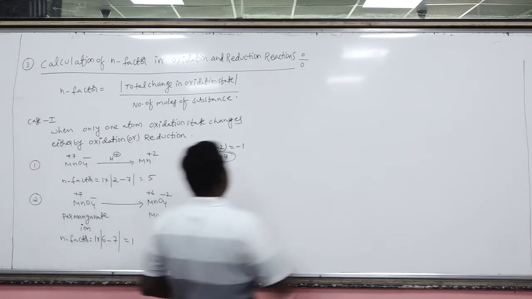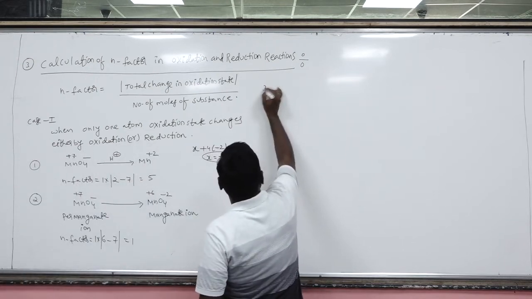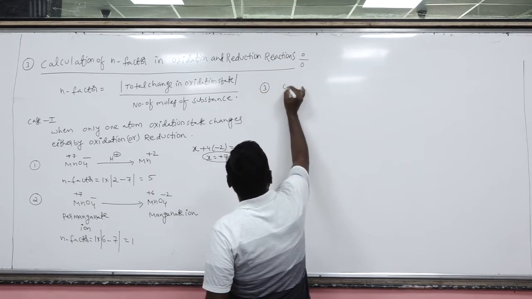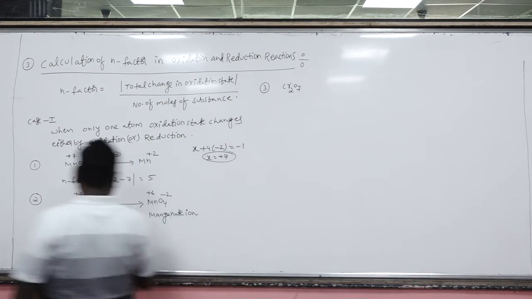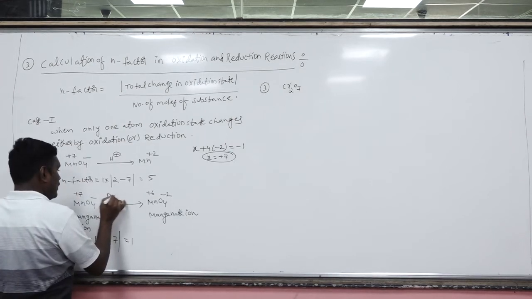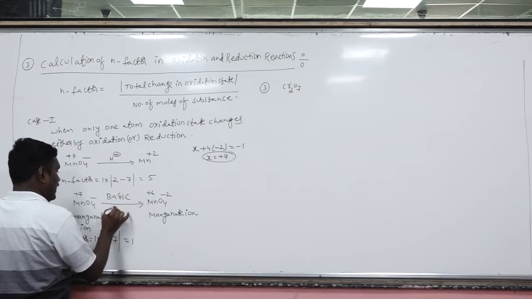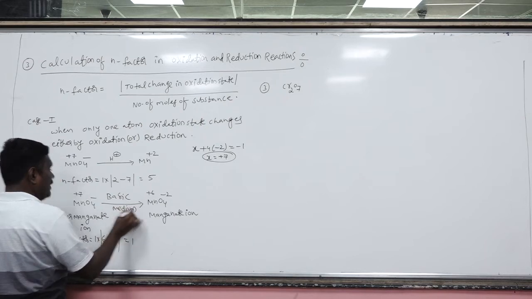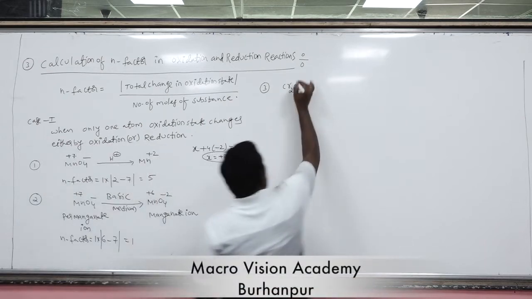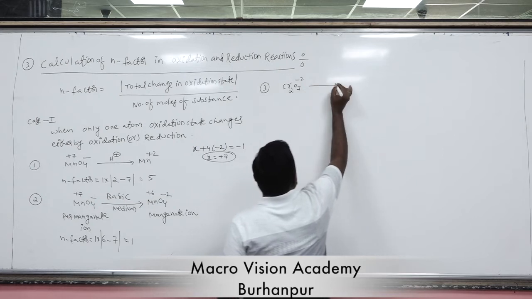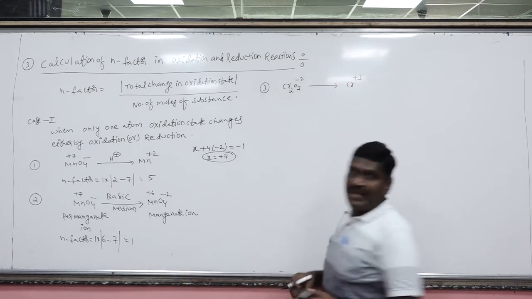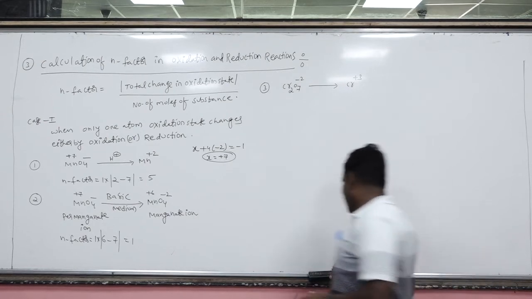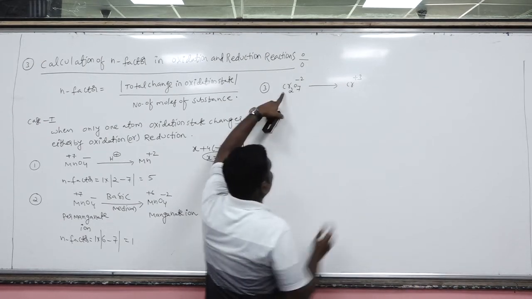Now come to the next example. Let's suppose this reaction occurs in basic medium. Now come to dichromate. Dichromate is reduced to chromium +3. Now, what is the chromium oxidation number?